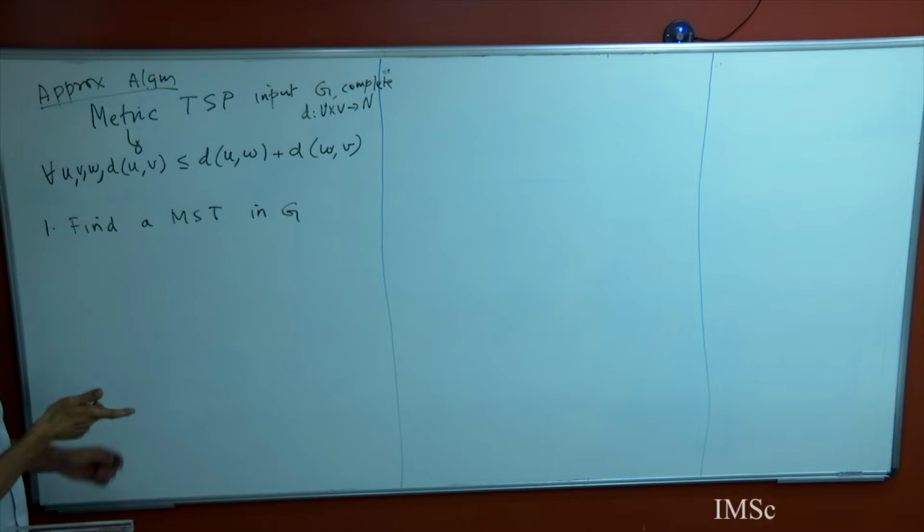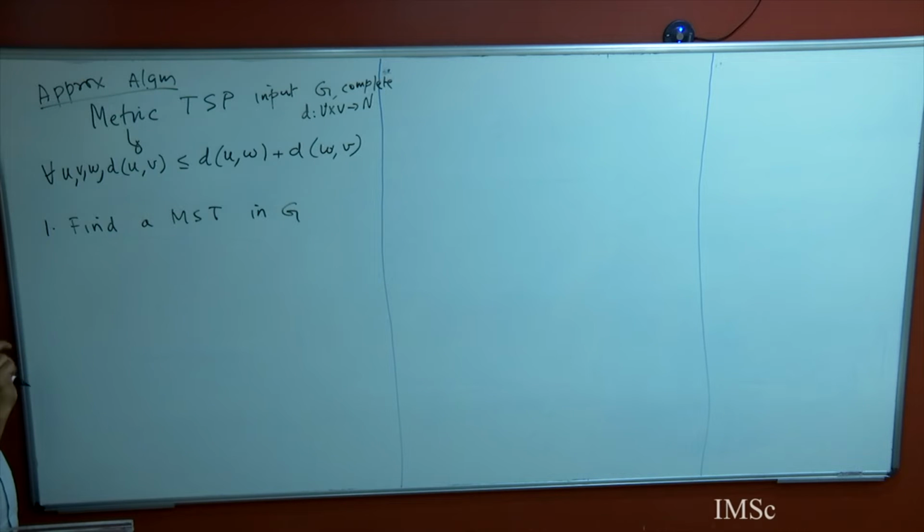Does this condition help in finding the minimum spanning tree faster? I'm not sure, I doubt it. But anyway, you can find it in something like m plus n log n time, using the union-find data structure or Prim's algorithm with Fibonacci heaps.